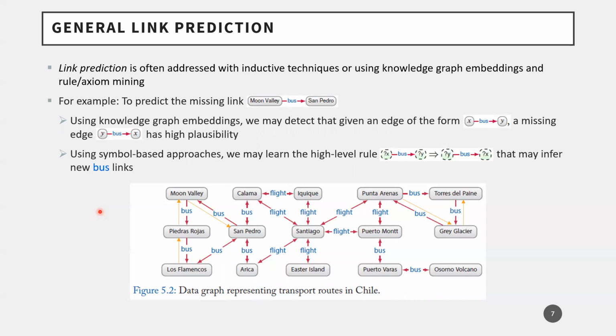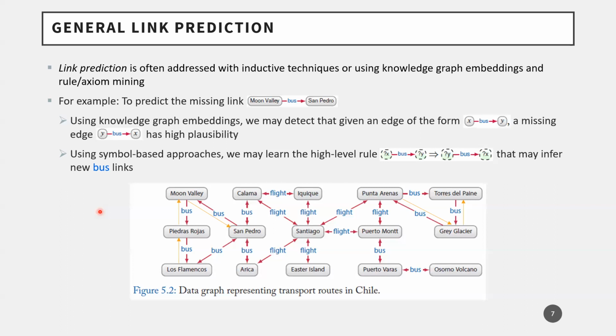For example, to predict the missing bus link from Moon Valley to San Pedro, we can use knowledge graph embeddings. In this approach, we may detect that given an edge of the form bus link from X to Y, a missing edge, the bus link from Y to X, has a high plausibility. That's the way we base on knowledge graph embeddings.